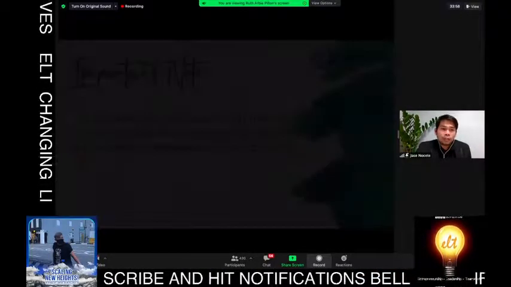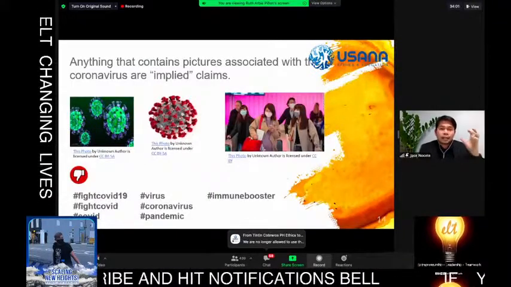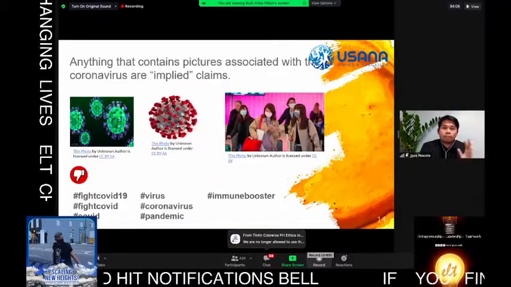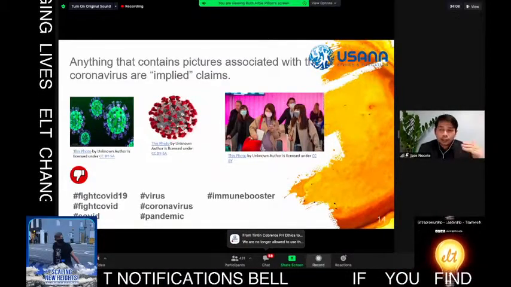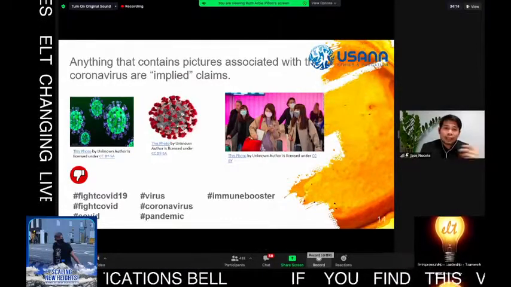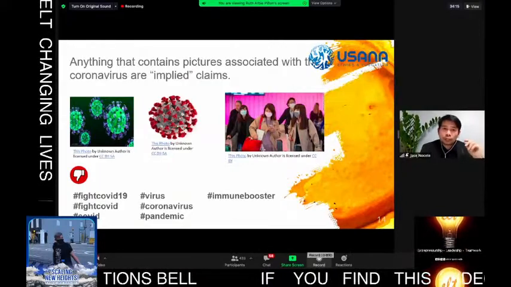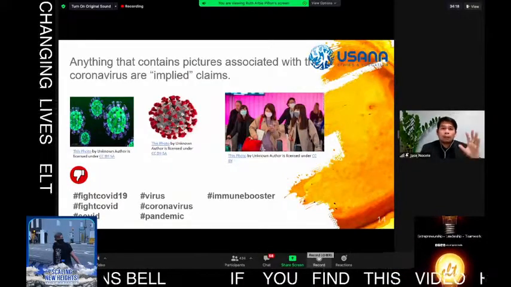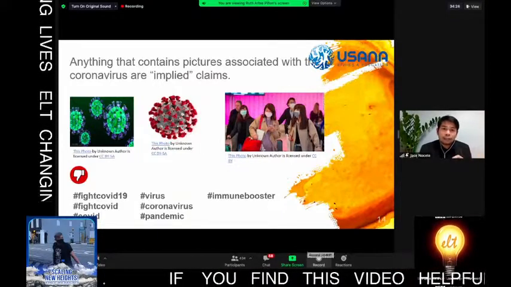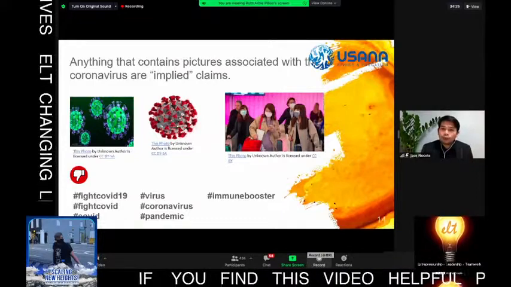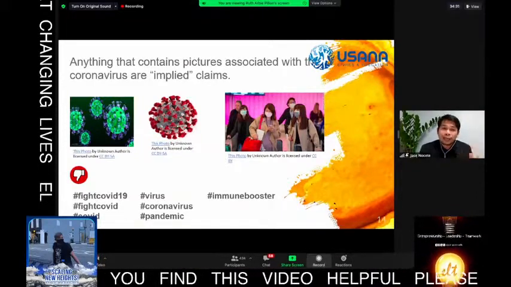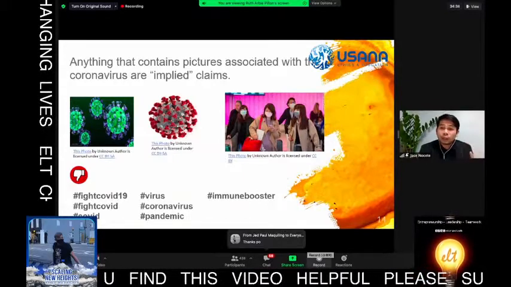And of course, on the next slide, you will see two viral structures. Meron tayong dalawang viral structures and people wearing masks. This is a clear example of what we call an implied claim. So anything na may pictures associated with the coronavirus, plus nilagyan mo pa siya ng hashtags fight COVID-19, hashtag virus, coronavirus, or hashtag pandemic, or hashtag immune boosters, these are what we call implied claims.